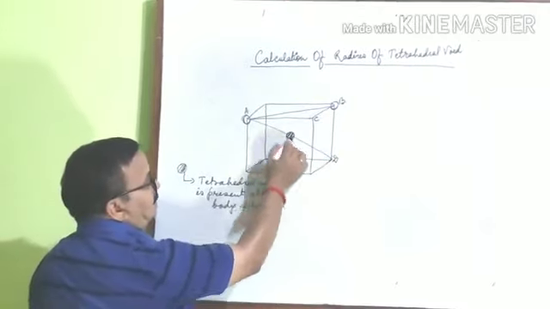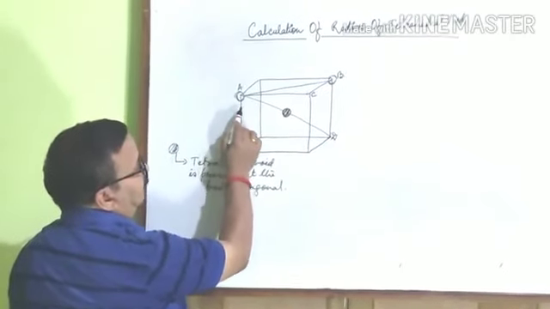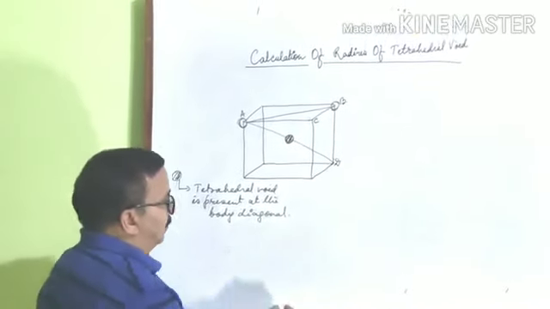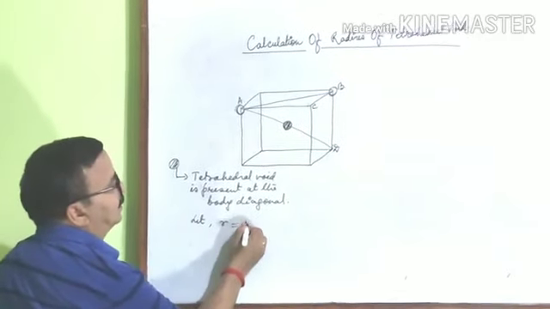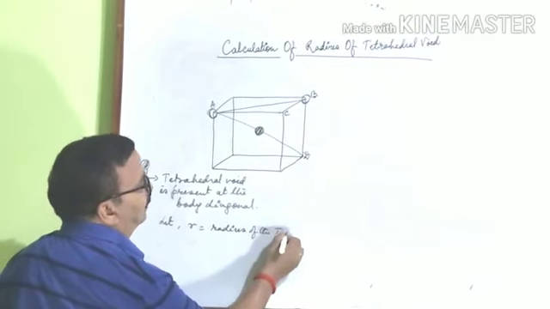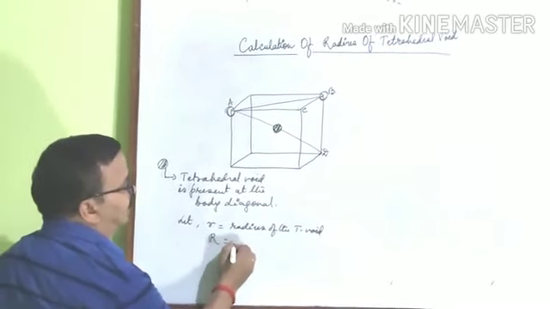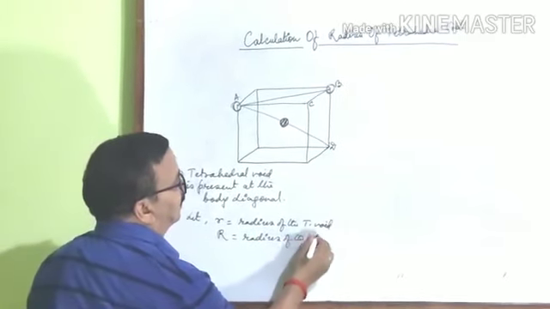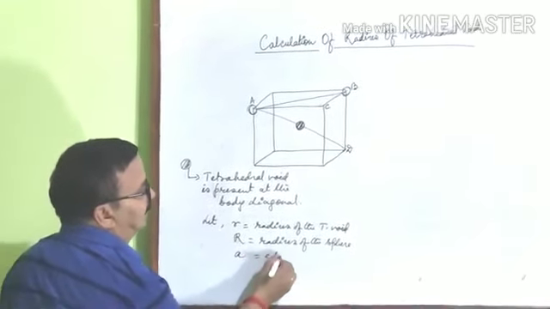Now we are making a triangle A, B, C, and a second one A, B, D. Let us assume that r is the radius of the tetrahedral void, capital R is the radius of the sphere, and a is the edge length.